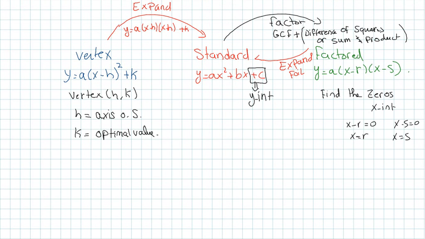If I go to standard form, do I know how to go from standard to vertex? No. Okay, so going to standard form is not going to help me. How can I find the vertex knowing the factored form? But if you FOIL, you're going to go to standard form. Find the zeros. Find the axis of symmetry. That's right.